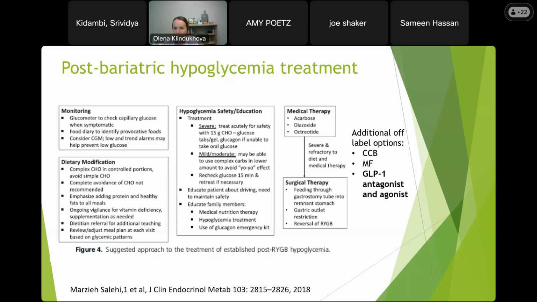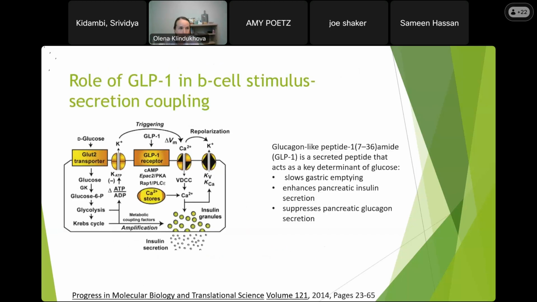Again, there are additional off-label uses not in this graph that I pulled out of JCM. We do occasionally use calcium channel blockers, and obviously metformin, or vitamin M, and I have a couple more slides dedicated to GLP-1 controversies. All right, very good.